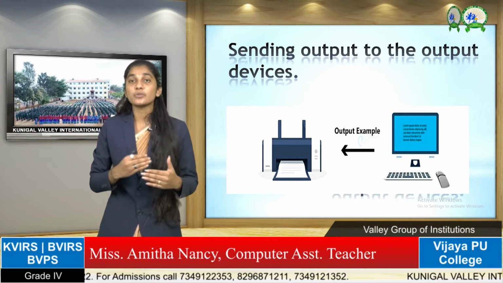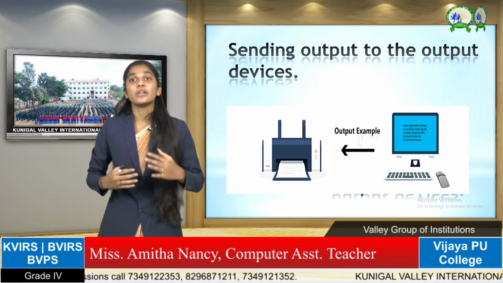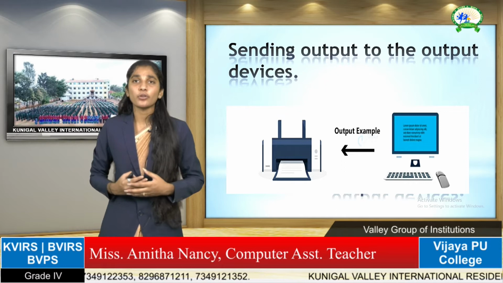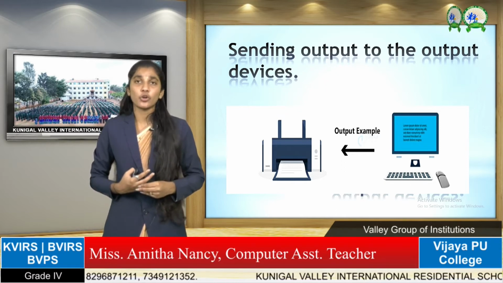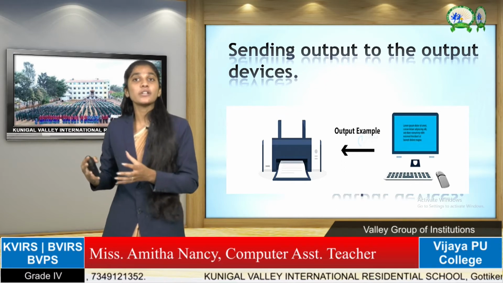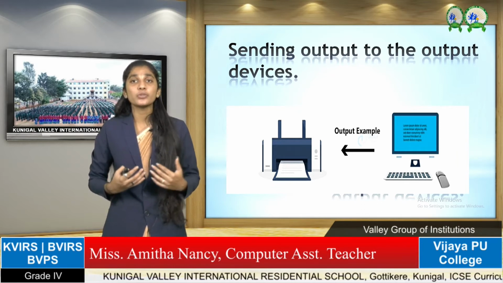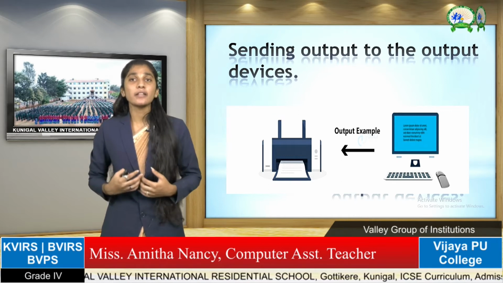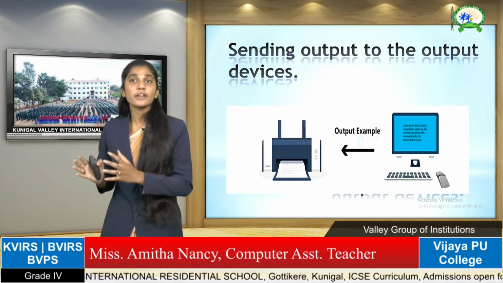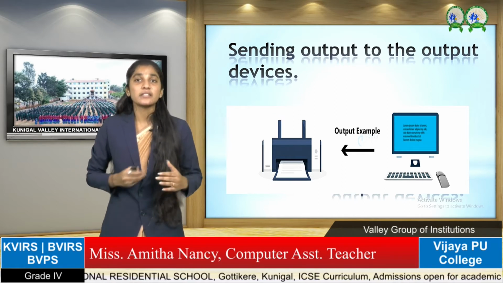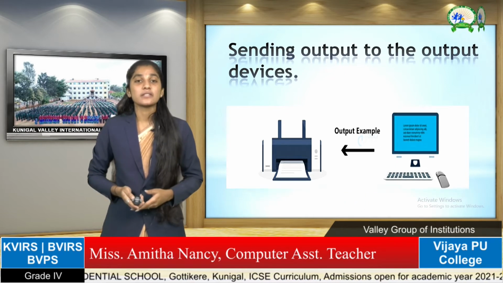All these things should be taken care of by the operating system. If I want my result displayed on the monitor screen, it will be displayed there. Sometimes I open an audio file, so it has to identify the output device so that the user can listen to the audio. It has to identify the speaker. This is the work of the operating system.